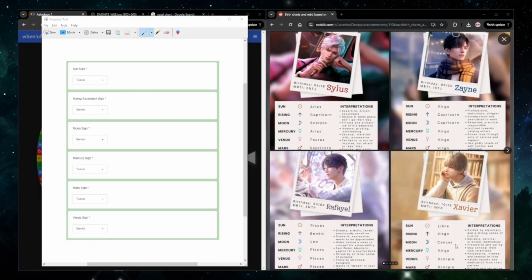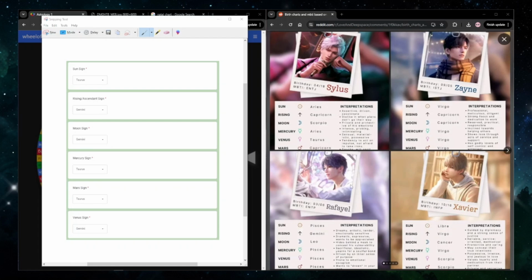But he has that moon in Cancer, so that means he is very loving and very nurturing towards the person that he is going to be with, and this is actually going to nourish your Taurus energy here. It might actually soften you up, but you might feel a little bit controlled by Xavier here.